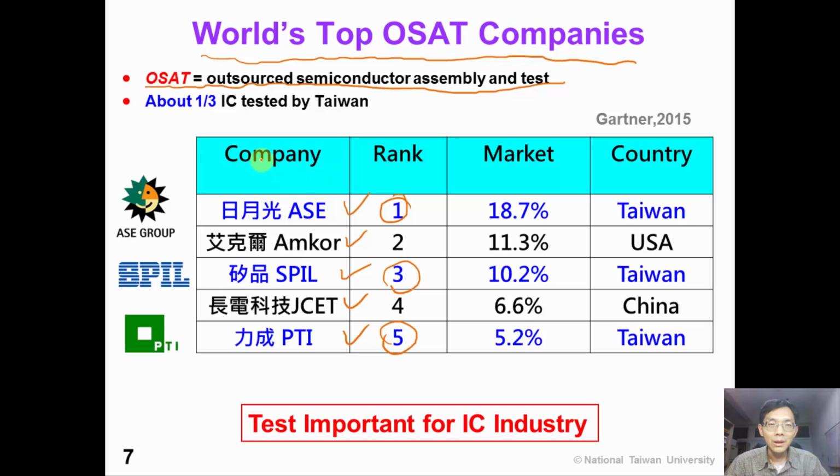So Taiwan made a great contribution to the test industry. Approximately 1/3 of the world's IC are tested by Taiwanese companies. In summary, testing is very important for both Taiwanese and the global IC industry.